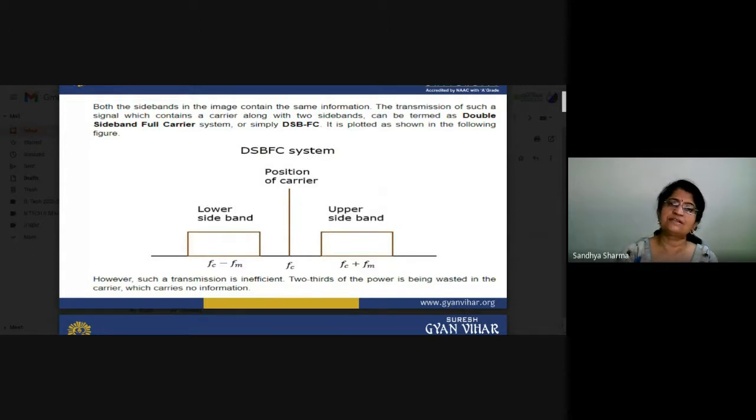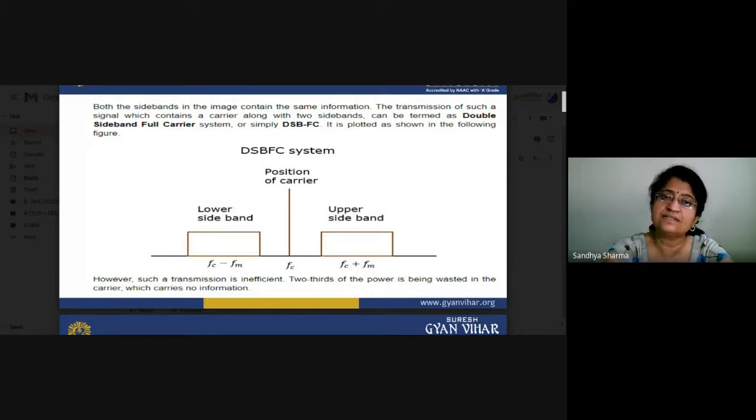So the DSB plus C system will be used in the broadcasting system, where one high-cost transmitter will be designed. It is very easy for us, instead of designing a high-cost receiver part, because at the other side there is a consumer, a subscriber, a normal human being, and we don't put so much burden of the cost of the antenna on them.